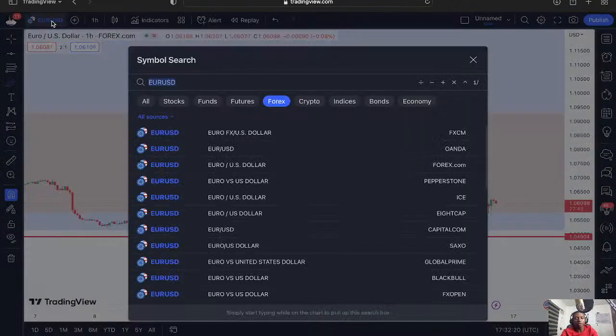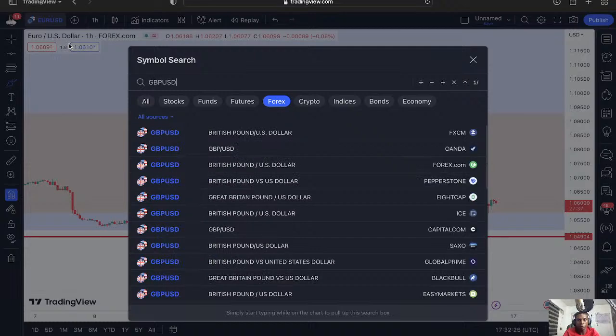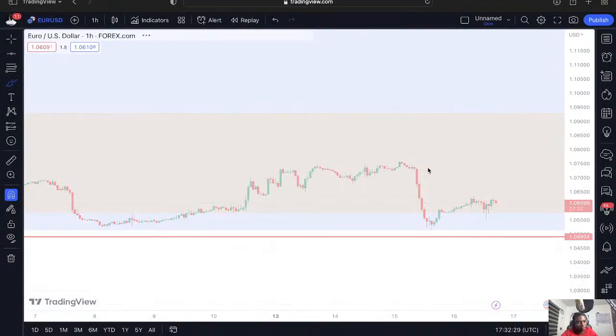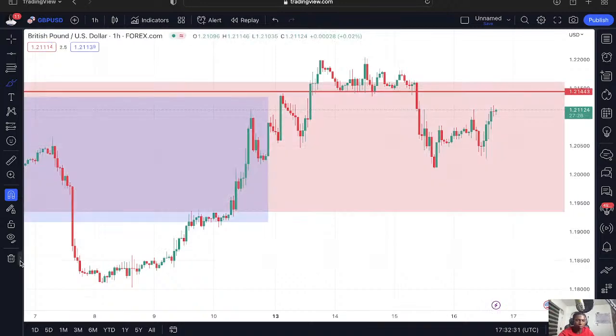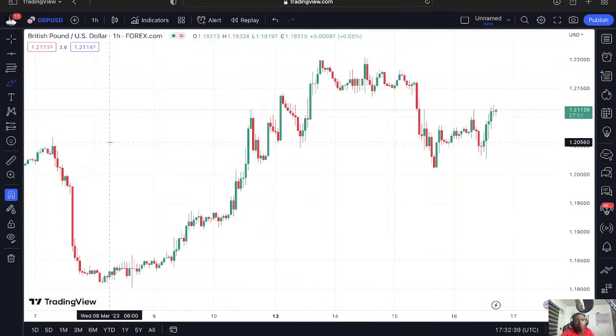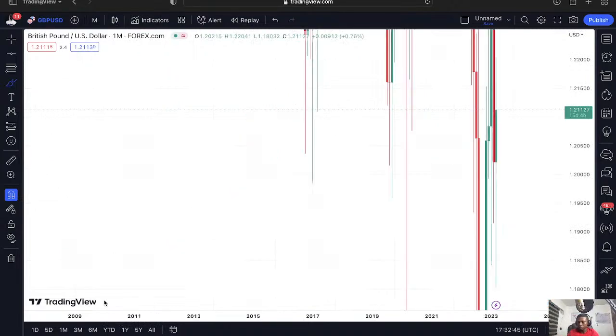Let's take a look at GBP/USD. From this scenario, we will be starting with the monthly time frame.